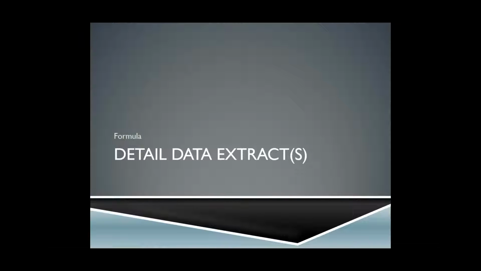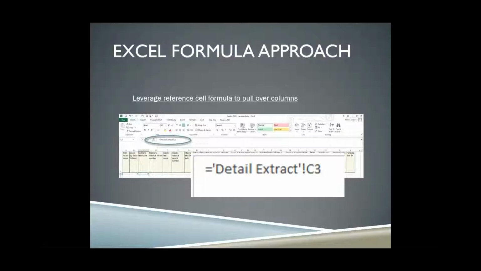Okay, great. Well, I will get into the formula side of the detailed data extract. At the end of the day, as I stated before, all you're doing is creating another tab.